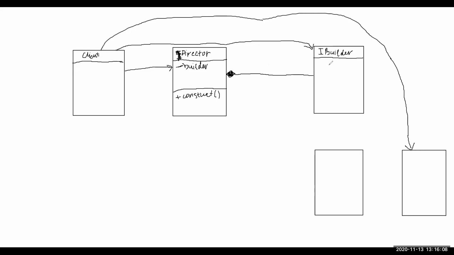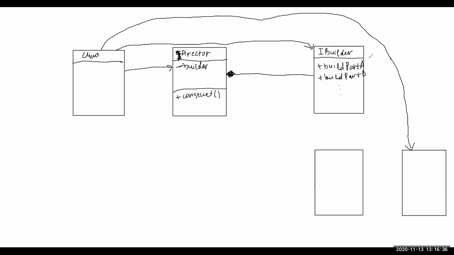So what do I have now? I have some methods, right? Called build part A, build part B, and etc. Whichever are the parts, it goes and builds.